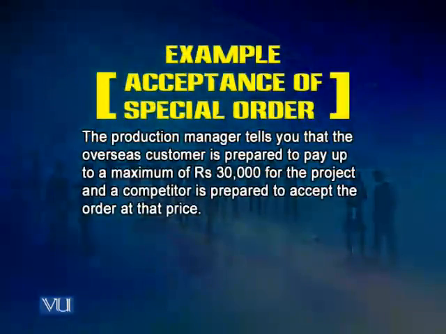The production manager tells you that the overseas customer is prepared to pay up to a maximum of 30,000 for the project, and a competitor is prepared to accept the order at that price. We now have what is regarded as a relevant revenue for this project.